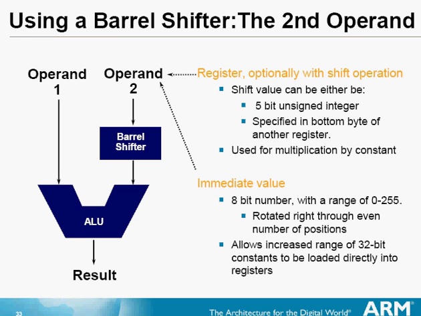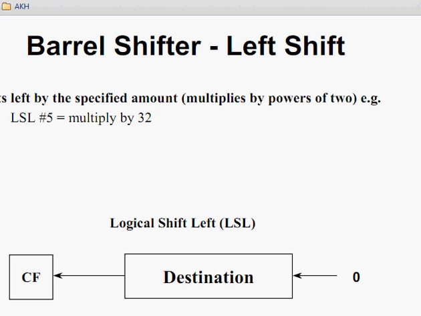To know more about it, let's see some different things. Barrel shift, left shift. Shifting left by a specific amount means multiplying by a power of 2. For example, left shift by 5 means you multiply by 32 and then add it.